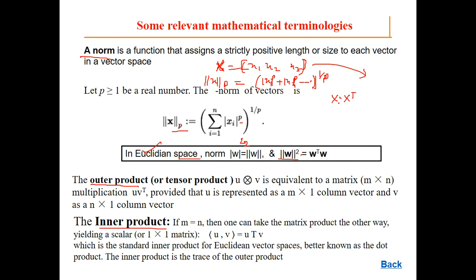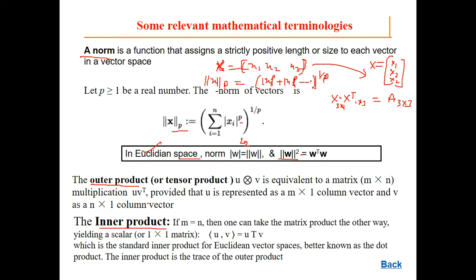By default, a vector x is considered as a column vector. So once you consider a vector as a matrix, it is a column vector. The dimension of x is, let us say, 3 by 1 and x transpose would be 1 by 3. So the dimension of the product will be 3 by 3.